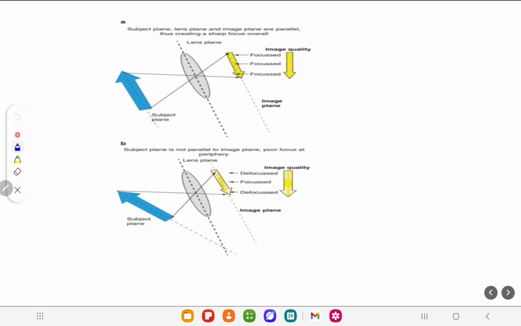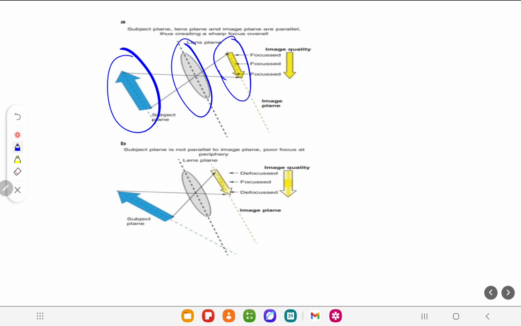Okay, in this picture, this is also a clear illustration. See, the object plane, lens plane, and image plane are parallel in this picture, isn't it? So the tip, center, and bottom are all focused. Focused, focused, focused. That's easy.